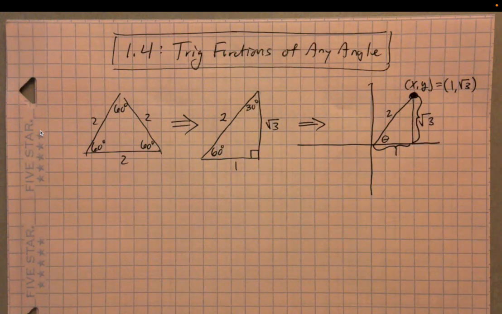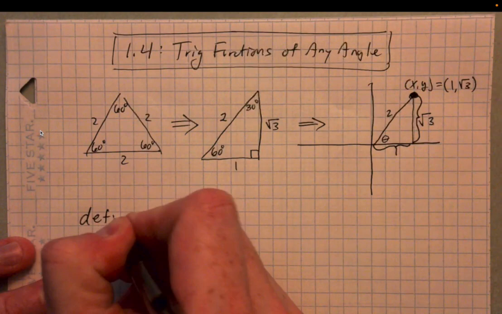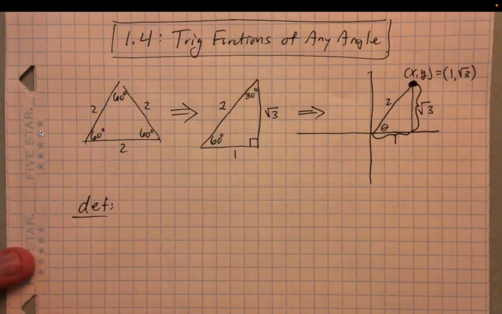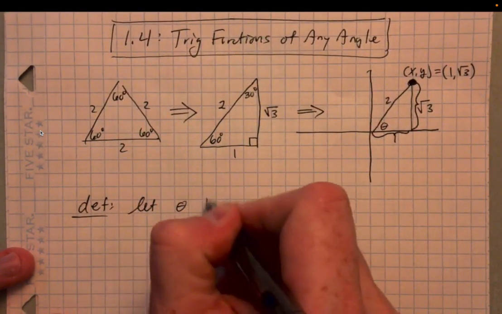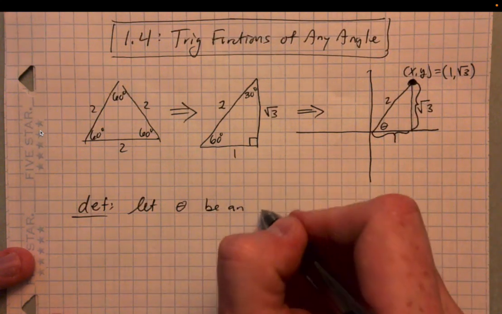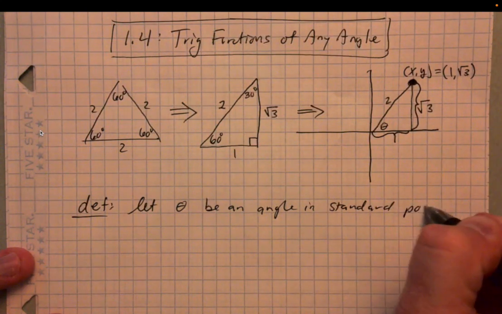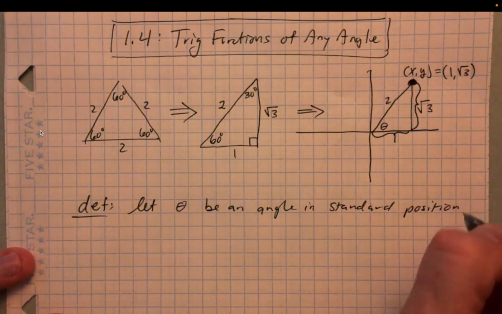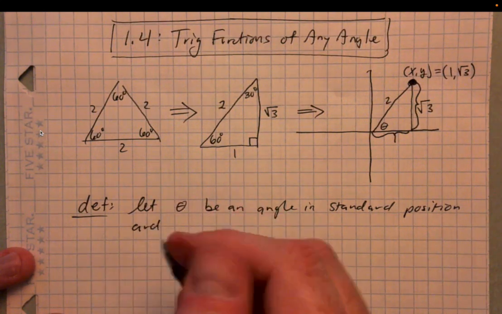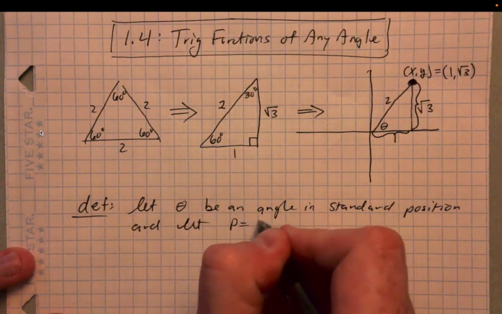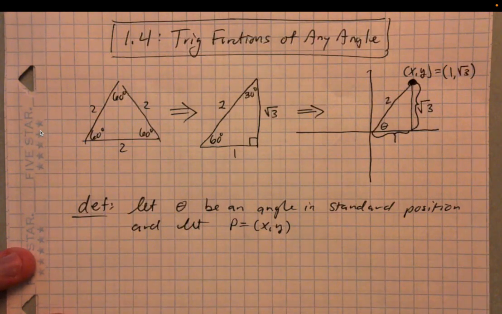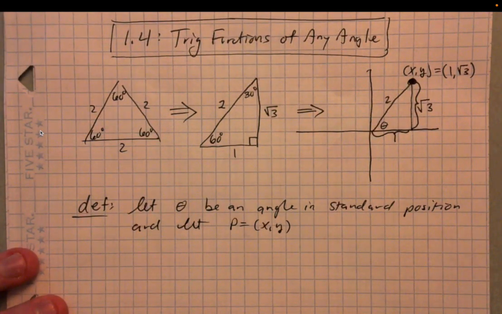This is going to prompt a slight generalization of the previous definition of the 6 functions. So let's write that out. The definition: let theta be any angle in standard position, and let P equals (x, y) be a point on the terminal side of theta.